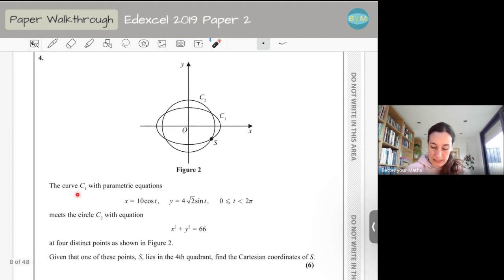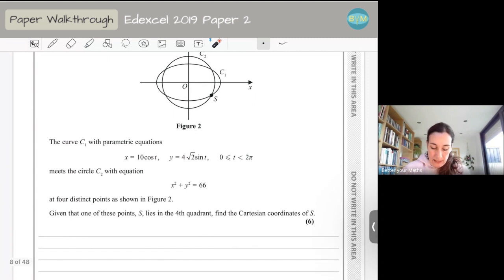You have curve C1, this oval, with these parametric equations, t between 0 and 2 pi, and it meets the circle C2 with this equation at 4 distinct points. There are 4 points of intersection. Given that one of these points S lies in the 4th quadrant, find the Cartesian coordinates of S.